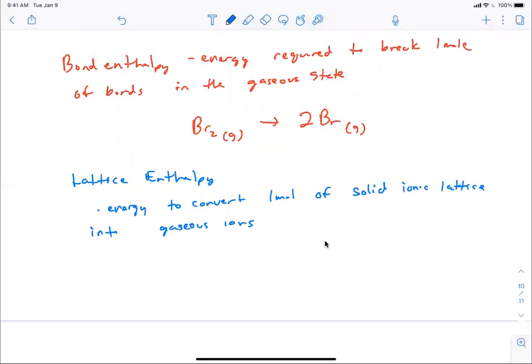And so looking at this, it would look something like this. And this is going to be the endothermic version, because all the values in your data booklet are positive, meaning that it is the endothermic version of converting solids to gases. But in the Born-Haber cycle, it's the opposite. So you need to flip that sign around when you're trying to solve for it. And so keep that in mind with this as well.